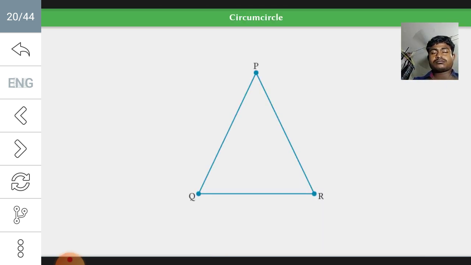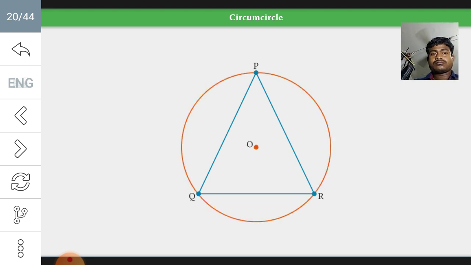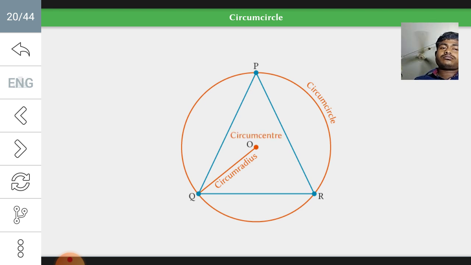For any triangle PQR, there is a unique circle that passes through all 3 vertices P, Q and R. This circle is known as the circumcircle of the triangle. The radius of the circumcircle is called the circumradius and the center is called the circumcenter.